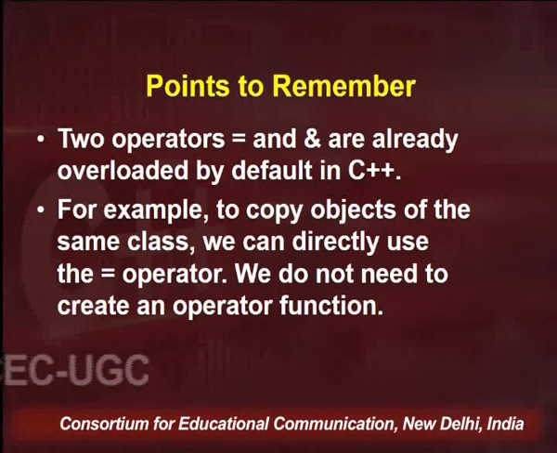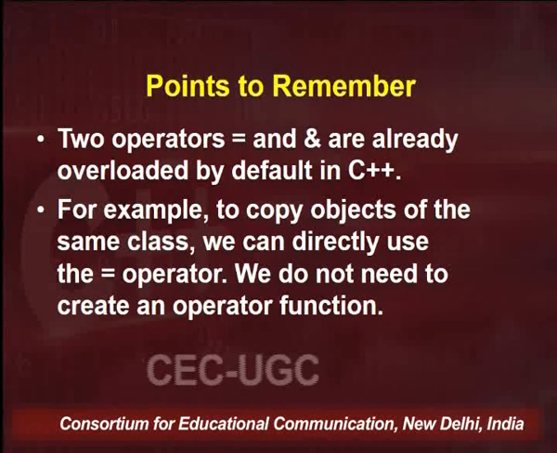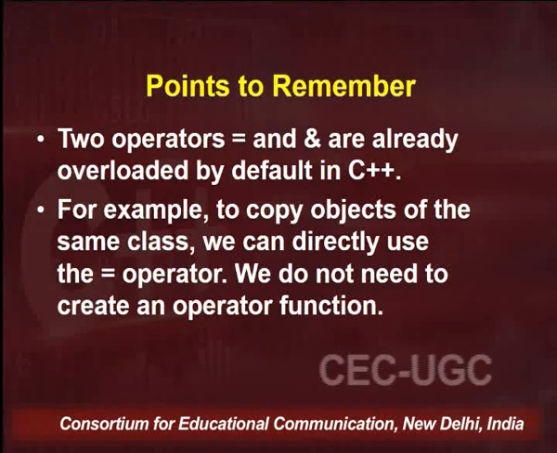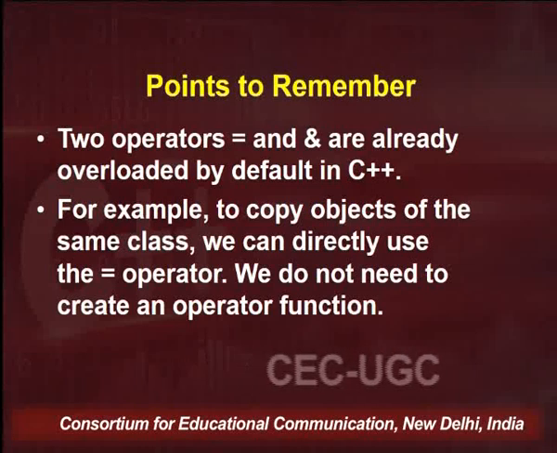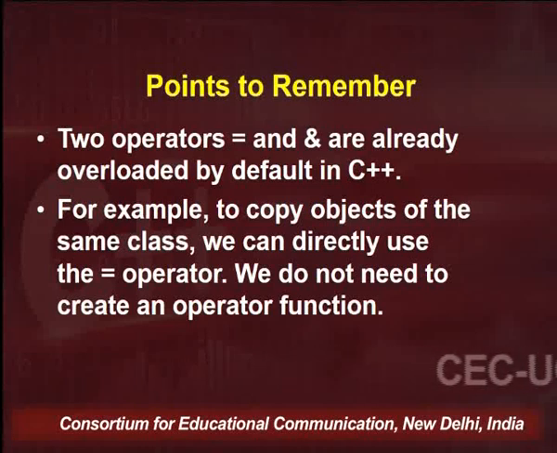So, that means this plus operator has been overloaded for the objects of the classes as well. One version of this is the equals to operator. For example, we can say x is equals to 7 or x is equals to y.